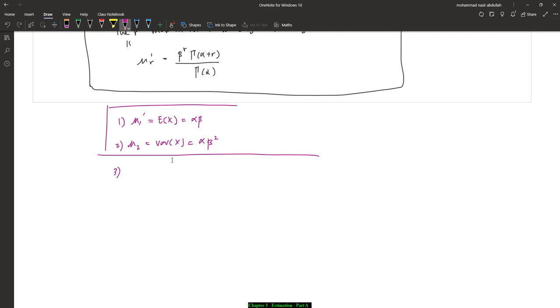So first we need to equate the first moment about the origin with the sample statistics, right, which is equal to expected of x equal to mu 1 prime equal to alpha beta equal to 1 over n summation of x, right, which is also equal to x bar lah, this one, right.